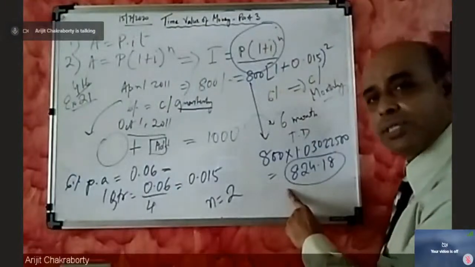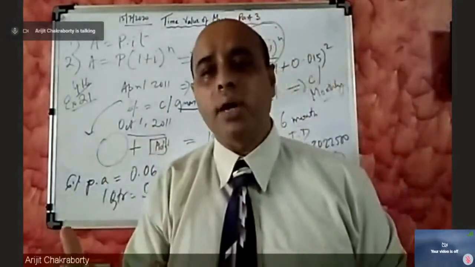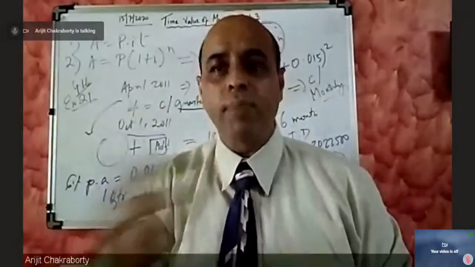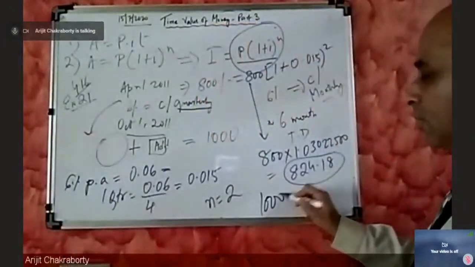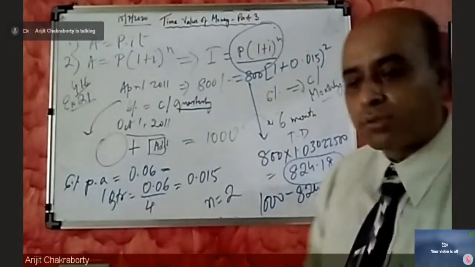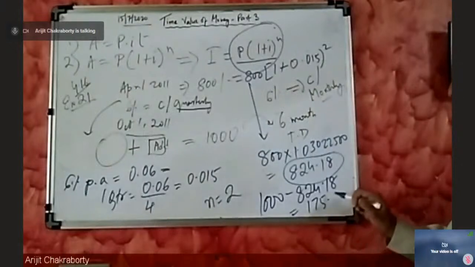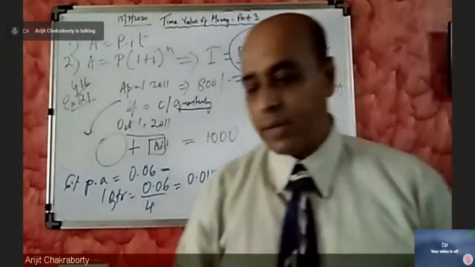He had received 824.18 and now he has 1,000 rupees. So the additional money is 1,000 minus 824.18, and that comes to rupees 175.82. Okay, so we have done the first part.